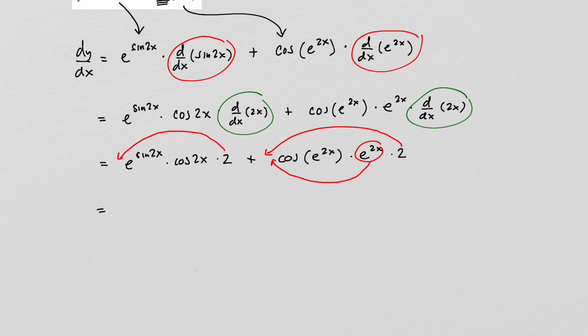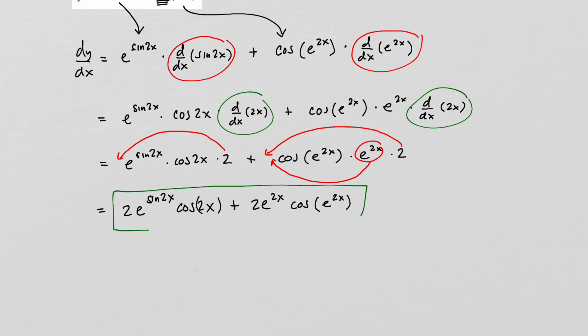So this first part becomes 2e to the sine of 2x times the cosine of 2x, and the second part becomes 2e to the 2x times the cosine of e to the 2x. And again, I think it's a good habit to get into of putting parentheses around whatever you're taking the sine and cosine of, but it's not 100% necessary. So here is our derivative.